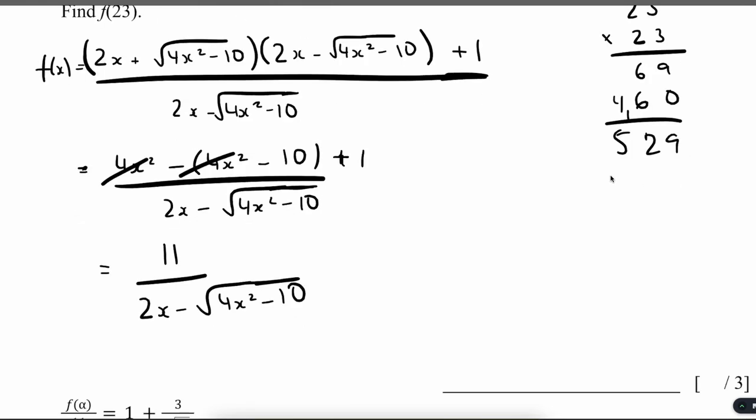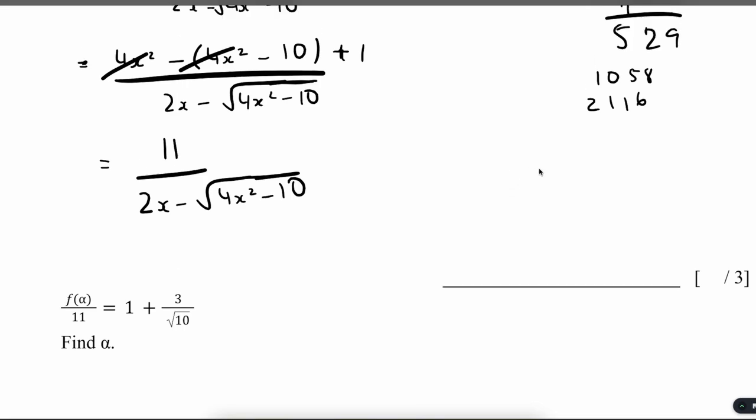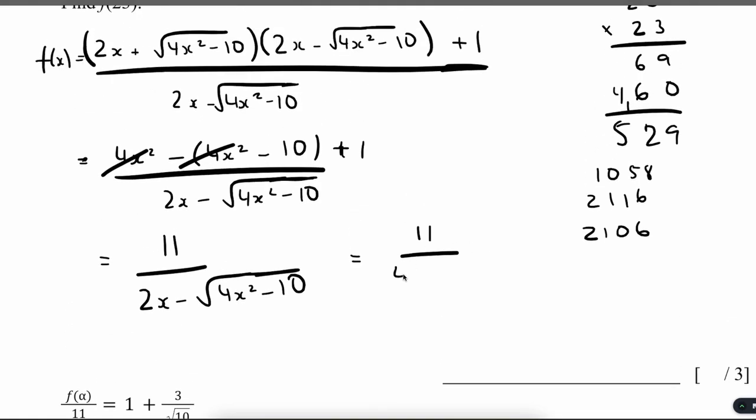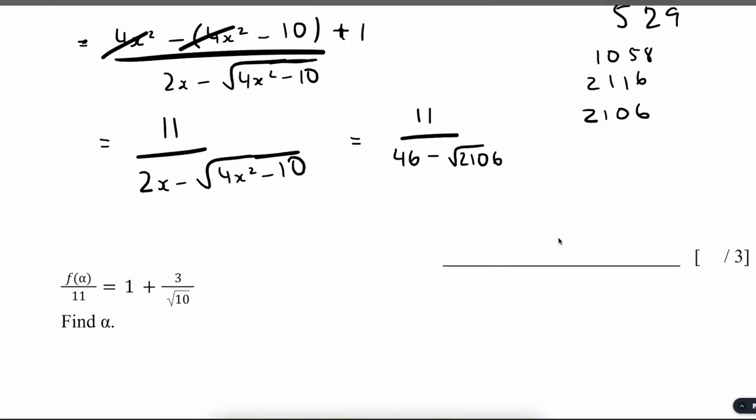And then if we multiply that by 4, multiply by 2, you get 1058, multiply it by 2 again, you get 2116, so that is 4x squared, and then subtract 10, you get 2106, so our answer is 11 over 2 lots of 23, which is 46, minus the square root of 2106, and that is f of 23. So we don't have to try and simplify that because it didn't ask for it. Just leave it like this.